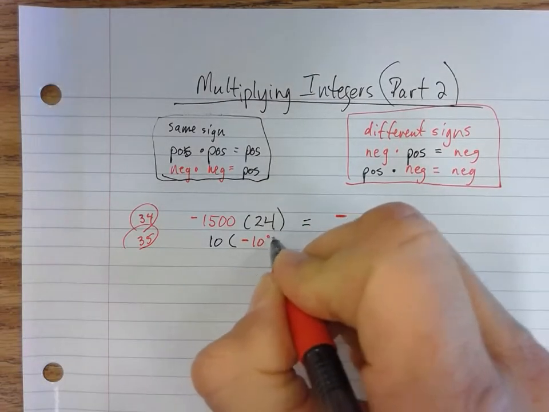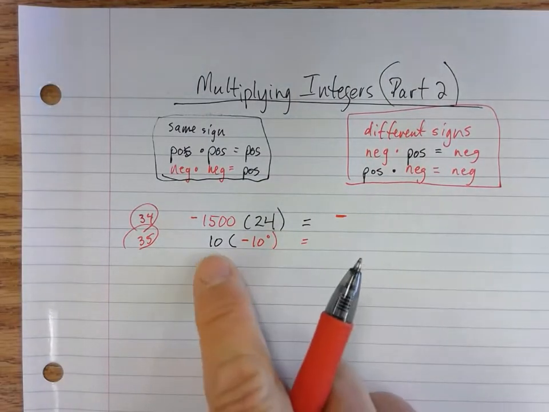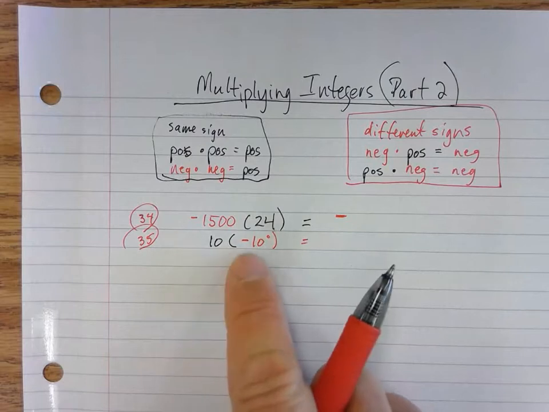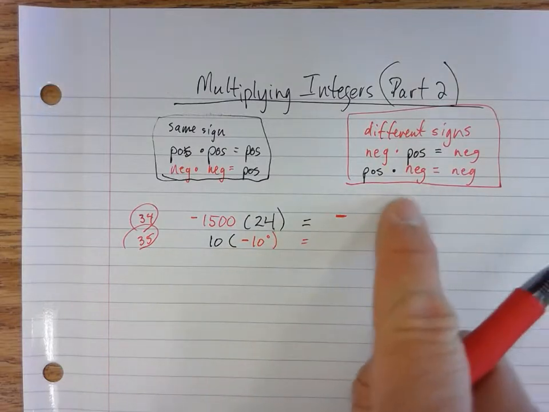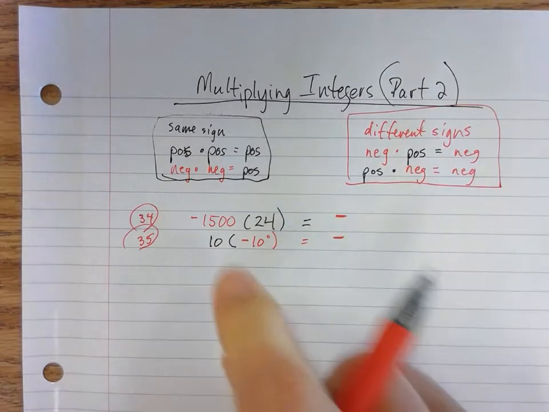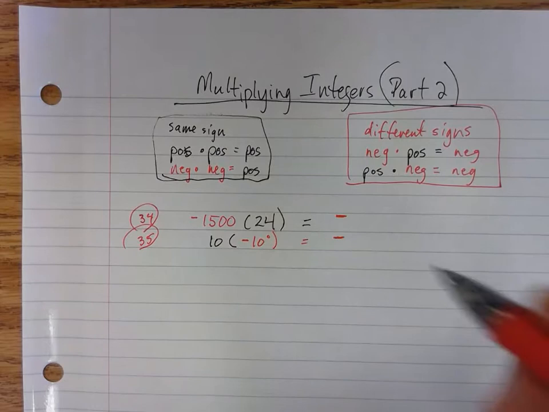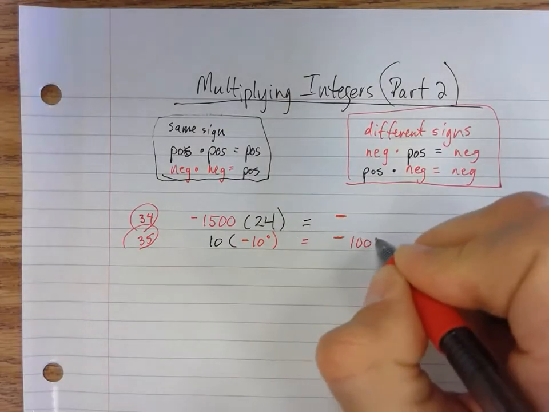Again, we've got different signs, okay? Positive times a negative, so that's over here. A positive times a negative is going to give you another negative answer. Okay, well I hope most of you know what 10 times 10 is. I mean, it's pretty easy. 10 times 10, that would be negative 100 degrees.